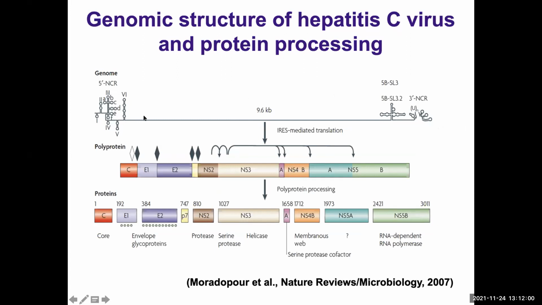The HCV genome functions as an mRNA and produces one single polyprotein. This one big polyprotein is cleaved by cellular signalases and also by viral proteases, the NS2 protease and the NS3-4A proteases.